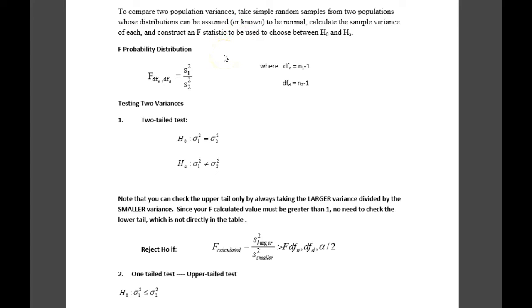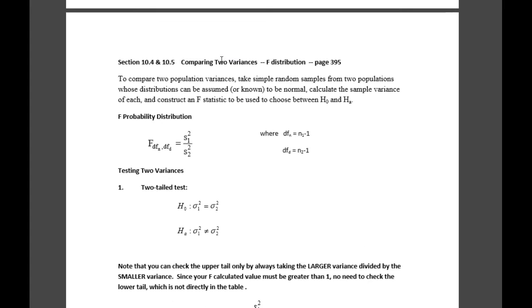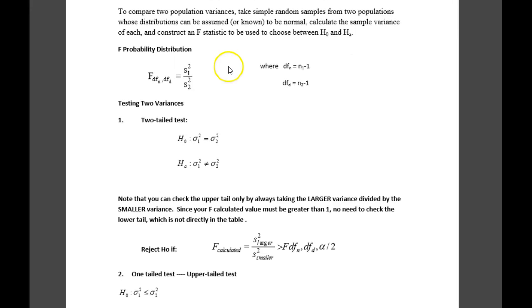And then I'll show you how to use the F table as well. So let's just run a problem. You guys can read up on it if you want, but this test operates very, very similarly to the chi-squared test, except that it's a 2-sample test.